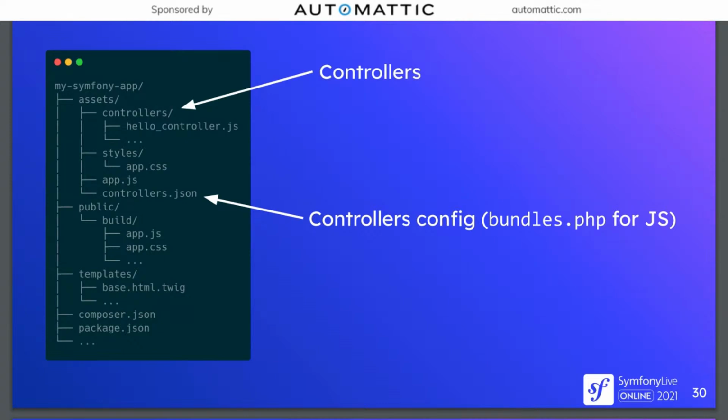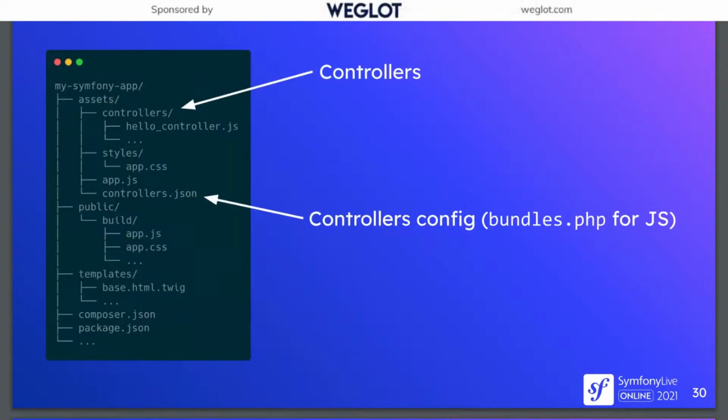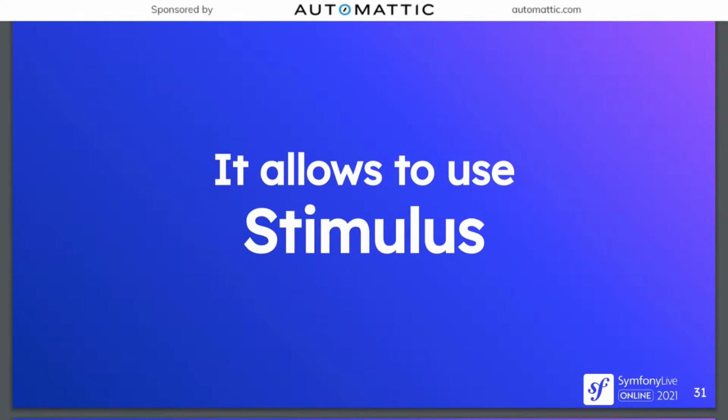A controller in JavaScript in Stimulus, as we are going to see afterwards, is kind of like a component in React or Vue, but it has way less responsibility. So that's what we are going to talk about. This structure, which was built and configured automatically by using Webpack Encore and Flex and UX, allows us to use the next big thing we need to talk about. And this thing is using Stimulus.